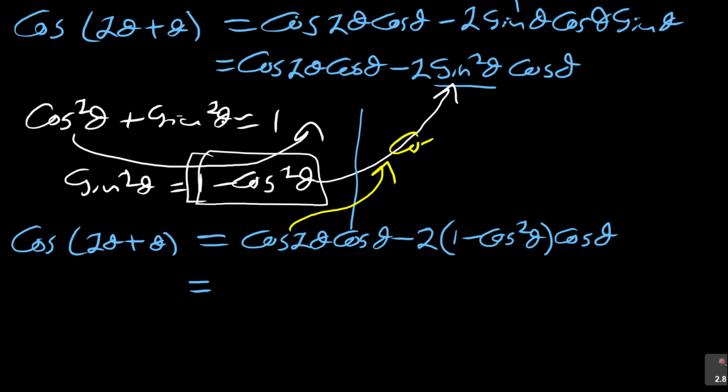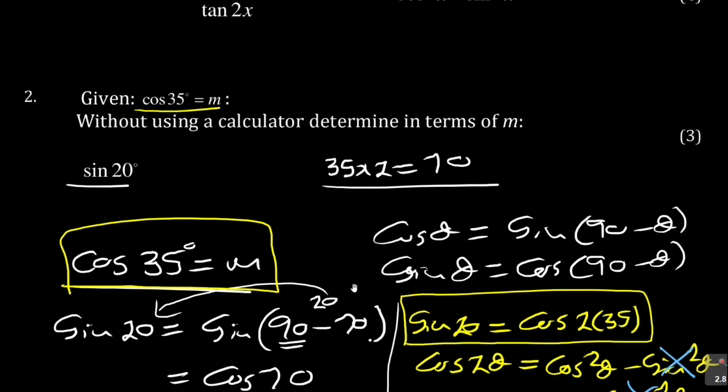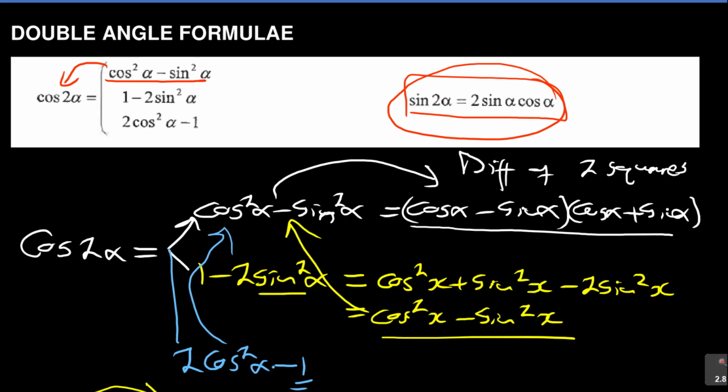Now cos 2 theta is equal to, from the one that we are given for cos theta. Let me go to the original one. Look, cos 2 alpha. Now I don't want anything to do with sine, so I'm going to take this one, because even this one is sine, so it's 2 cos squared alpha minus 1.